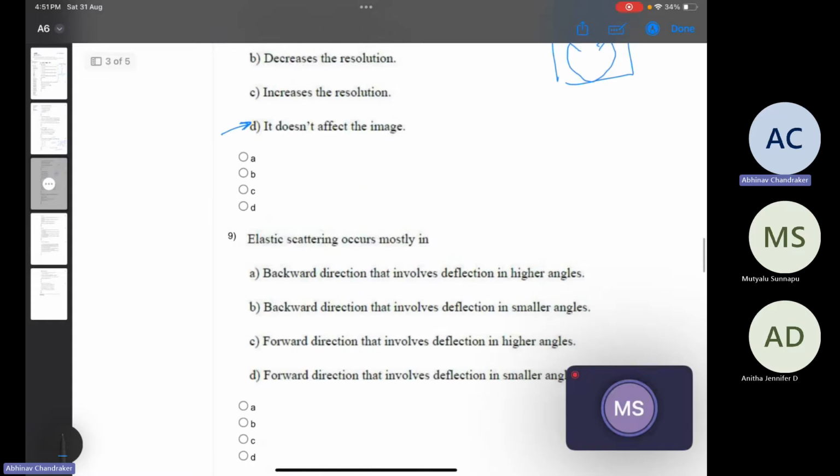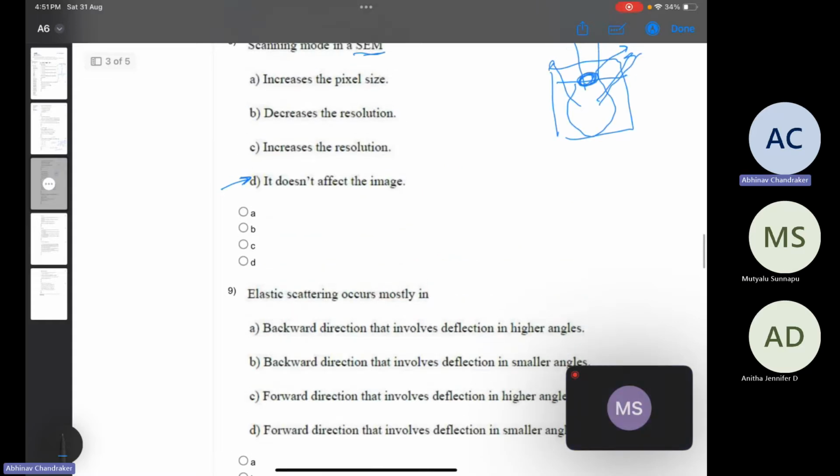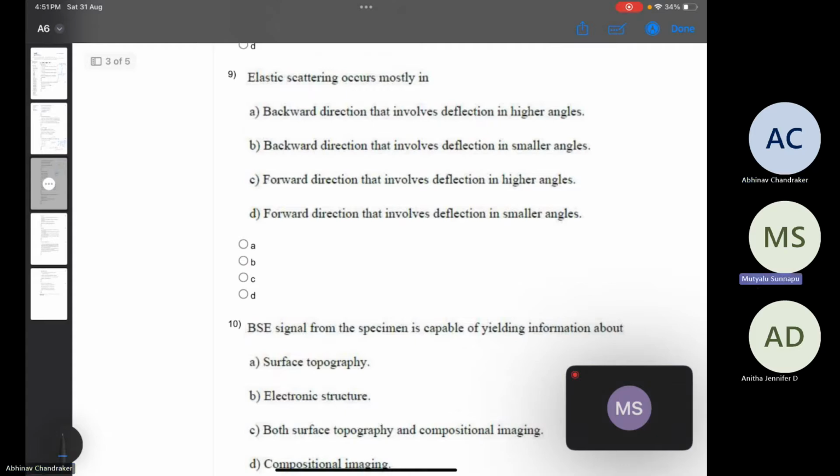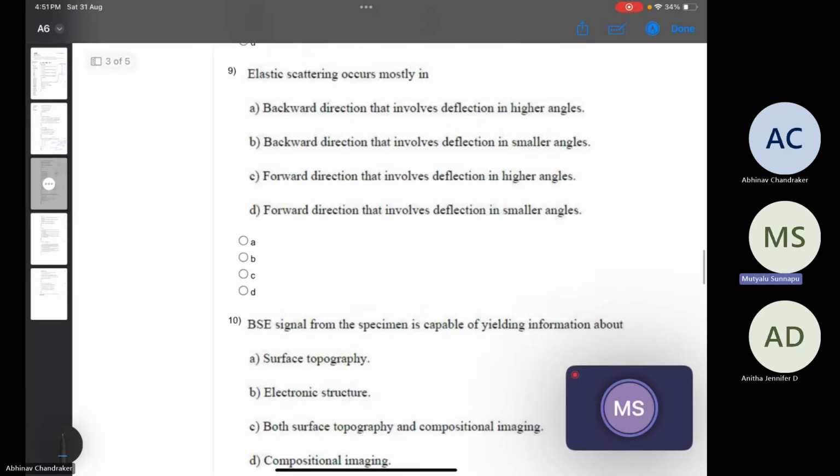So then let's go to the ninth question. Elastic scattering occurs mostly in which direction: backward direction, or the direction of higher angles? Backward direction involves the deflection on smaller angles.